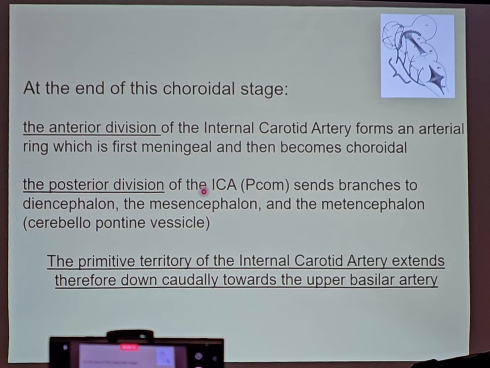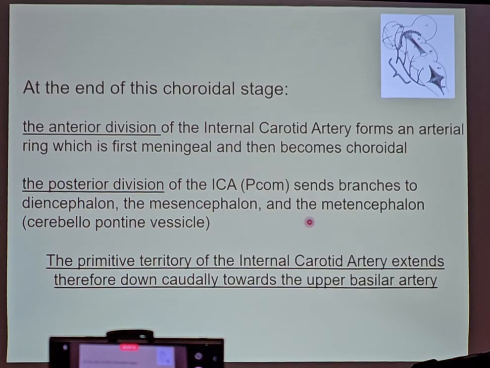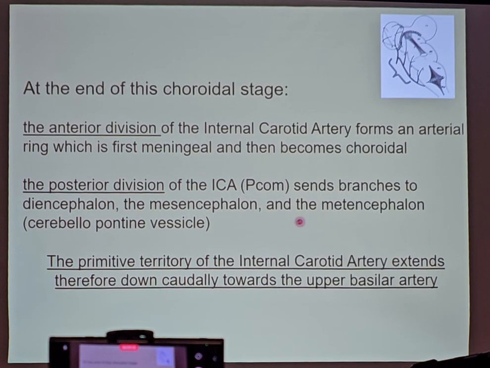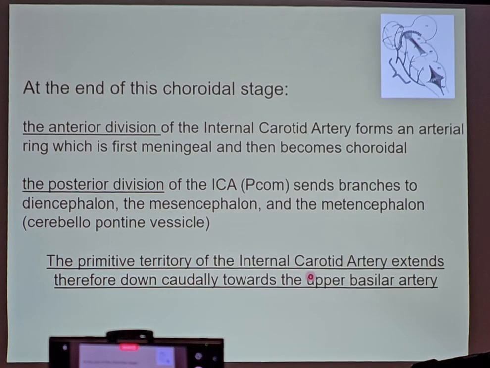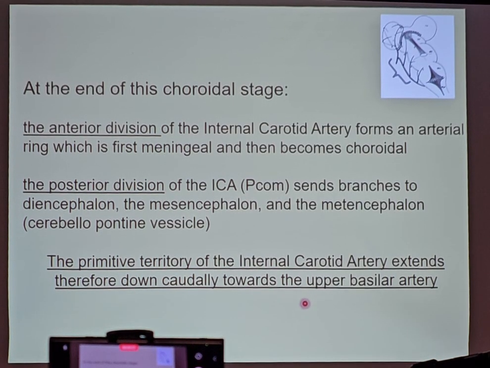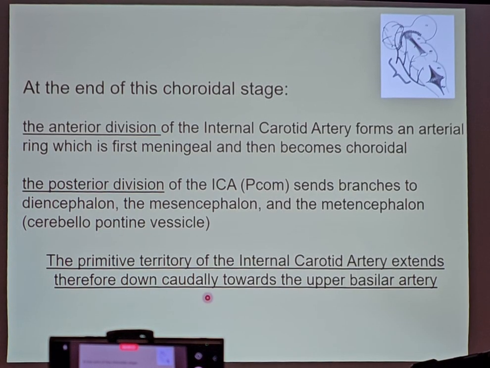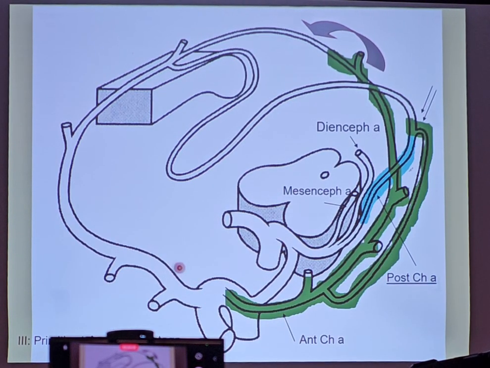The posterior division of the internal carotid artery sends branches to the diencephalon and mesencephalon, but doesn't do very much to the brain yet. The primitive territory of the internal carotid artery therefore extends down towards the upper basilar artery from the posterior communicating P1 system as we described, but it does very little in the way of supplying the brain at that point in time.